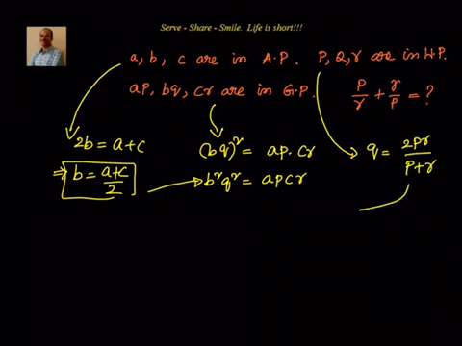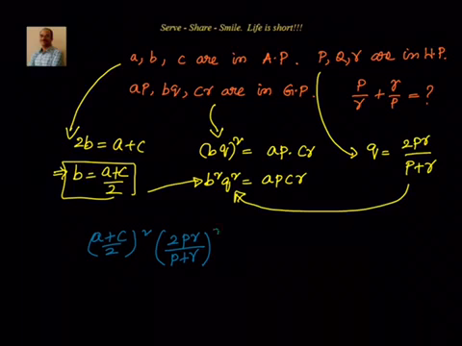That value of Q will come here. So next step will be B square, that is A plus C by 2 whole square into Q square, that is nothing but 2PR divided by P plus R whole square is equal to A C into PR. Can I write it as instead of APCR, AC into PR?